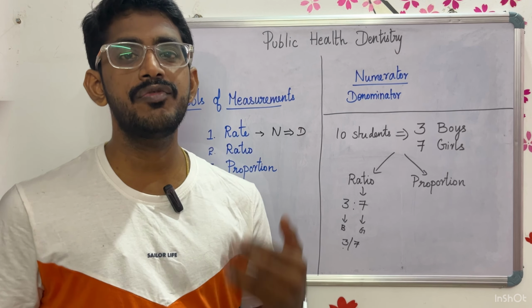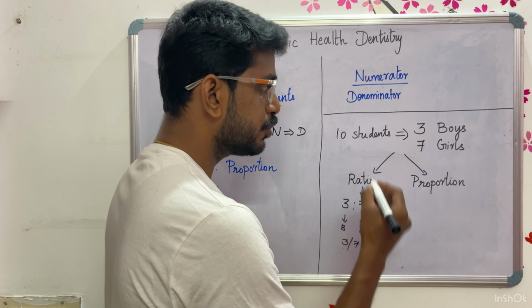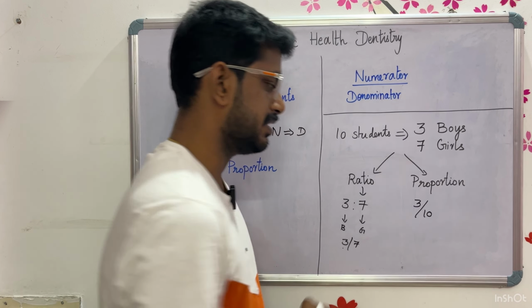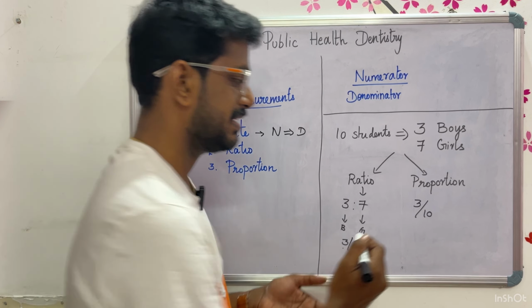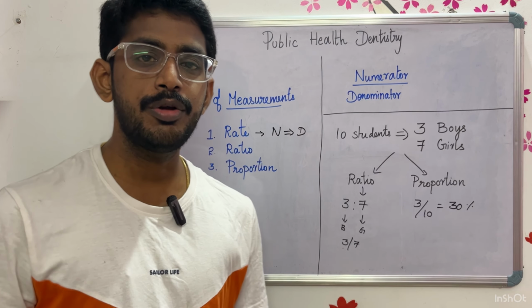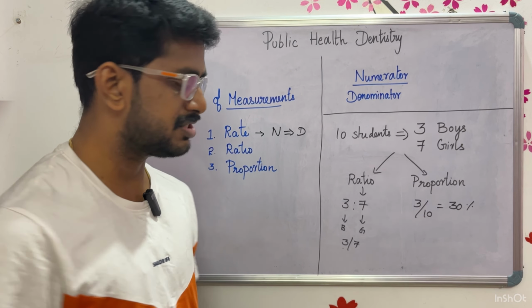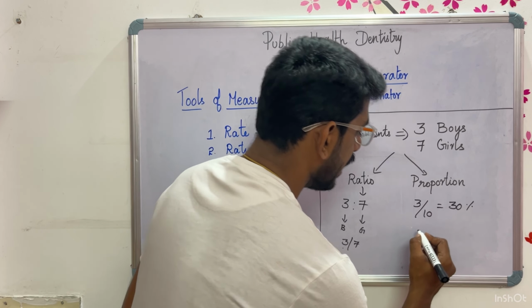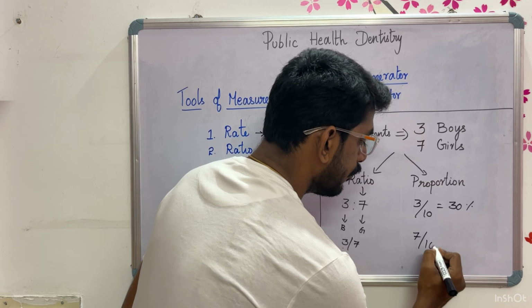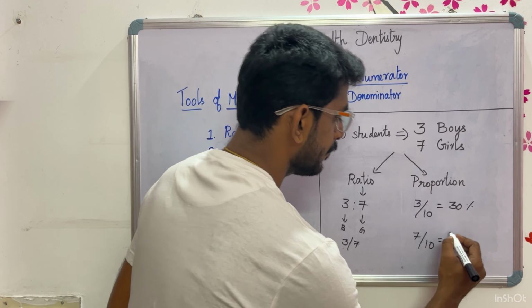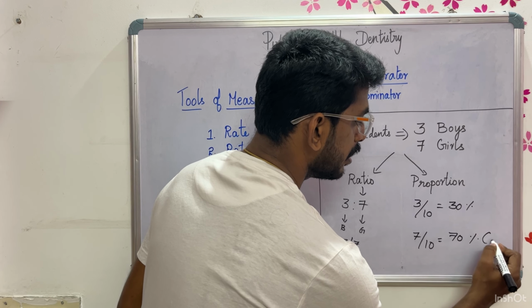To say the proportion of boys in the class, you should tell as 3 boys out of 10 students. Okay, this can be expressed as 30%. Remember, I told proportion is usually expressed in percentage. So 30% of the class is boys and 7 out of 10 are girls. So 7 by 10, that is 70% are girls.